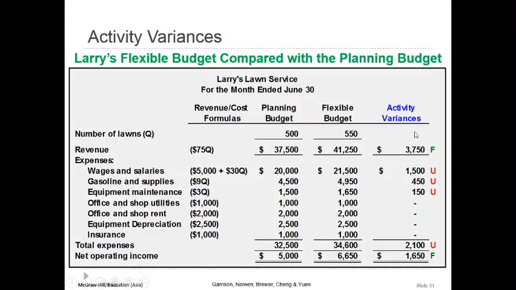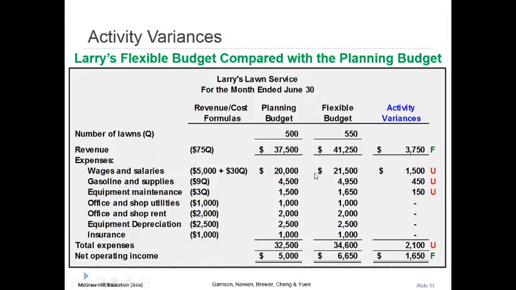Again, I repeat, we get favorable activity variance for revenue when flexible budget is bigger than planning budget. But for expenses, it contradicts, it is opposite of that.